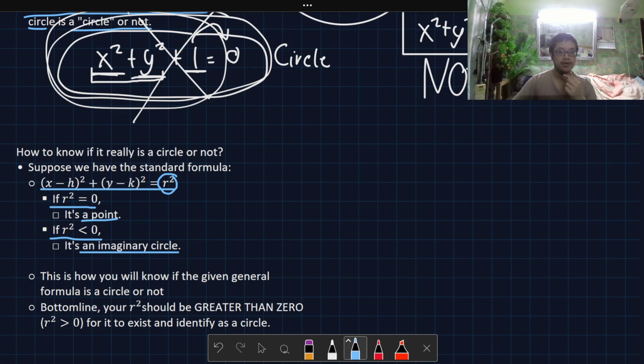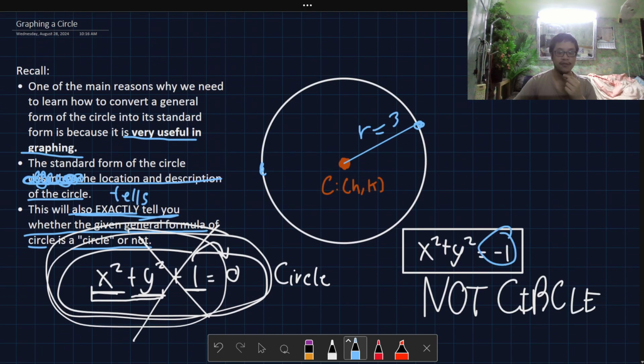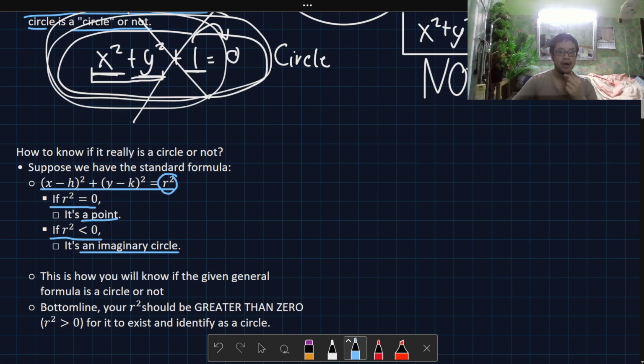Here's the thing. Earlier, it's negative one. Remember that the number on the right is your r squared. So r squared is equal to negative one. For you to find the length of your radius, all we need to do is find the r. So we need to square root both sides. So your r is equal to the square root of negative 1.